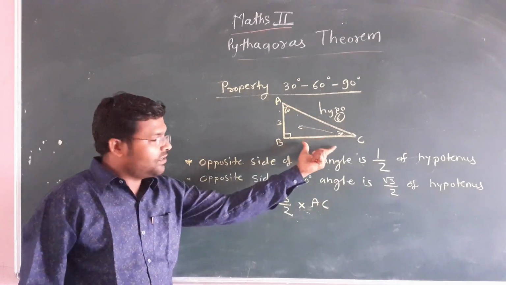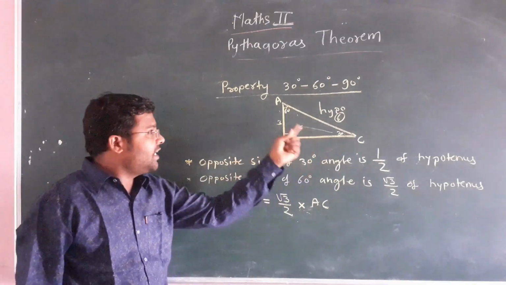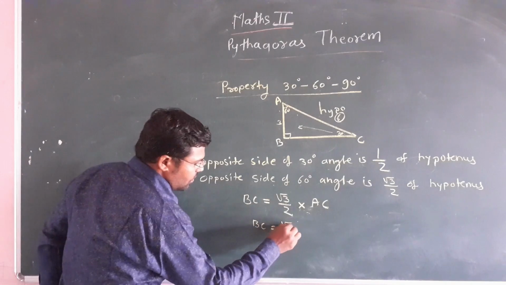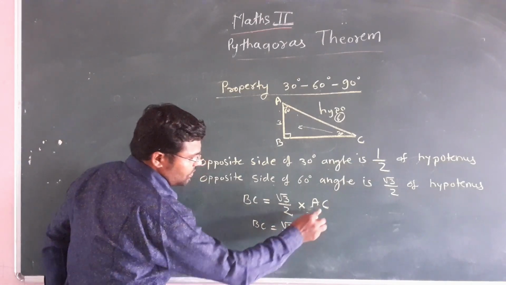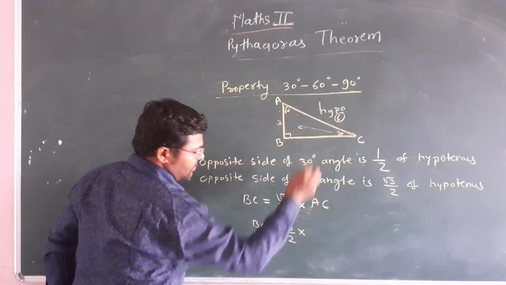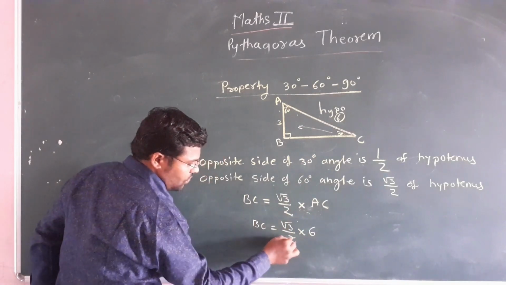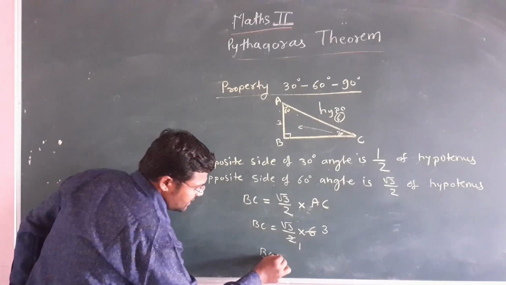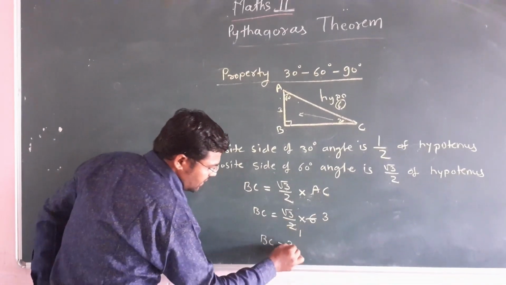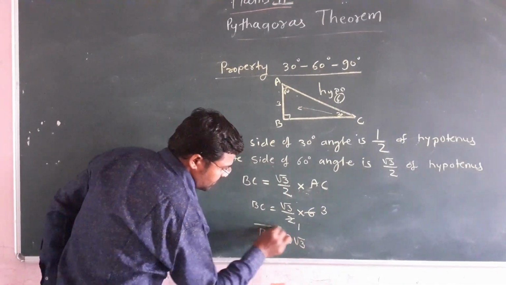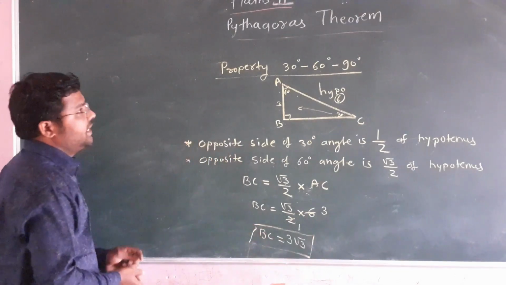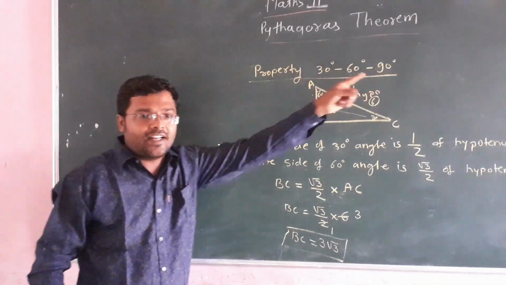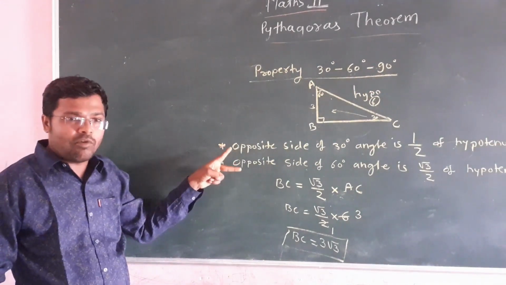So how to find the length of BC? We can use this property. BC is equal to root 3 upon 2 into the length of AC. The length of AC is given here as 6. So 2 ones are 2, 2 threes are 6. So the length of base BC is equal to 3 root 3. In this theorem, 30 degree, 60 degree, 90 degree, there are two very important properties.